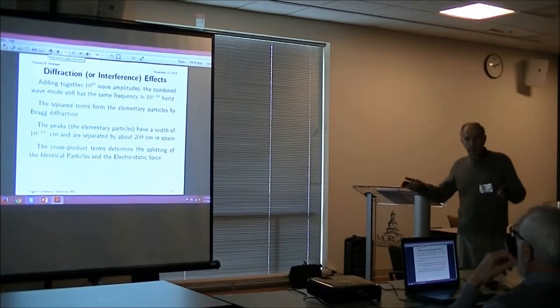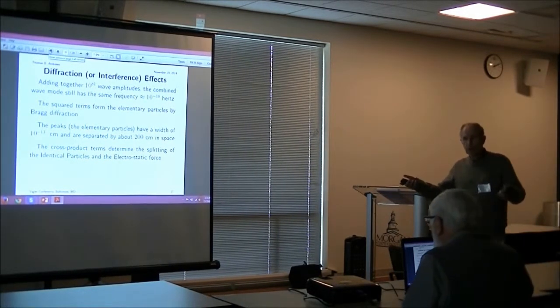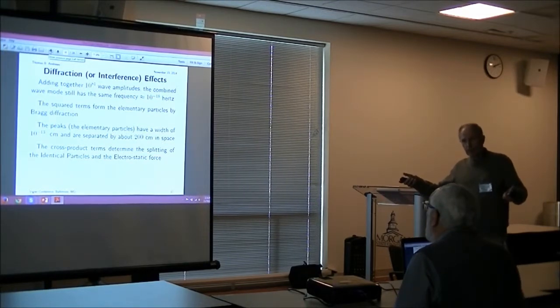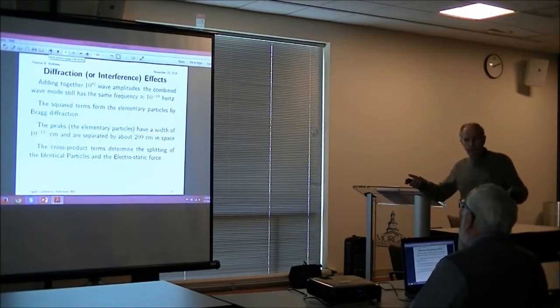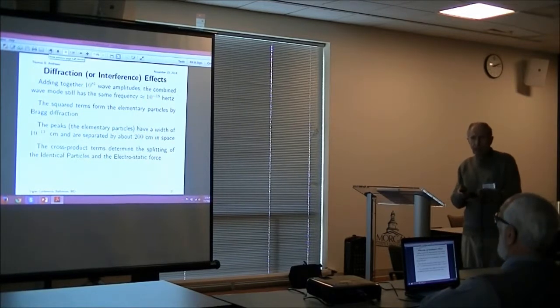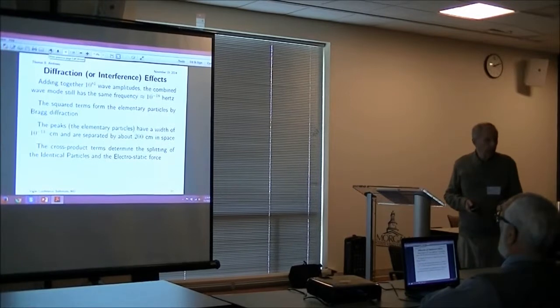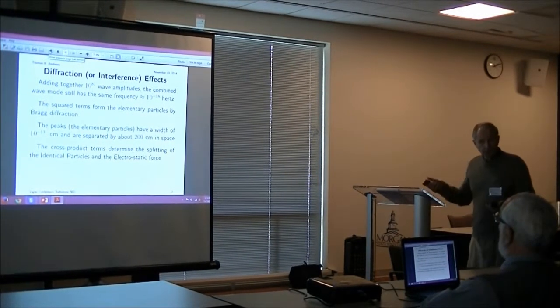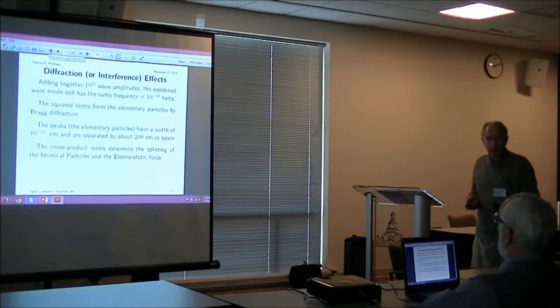So you have an underlying wave system which has a very low frequency and a very large wavelength, but by the time you add them all together and do the Bragg diffraction, this forms particles which are 10 to the minus 13 in size and have a mass energy of 10 to the minus 3 Earths. This is the origin of the elementary particles through a Bragg diffraction process.